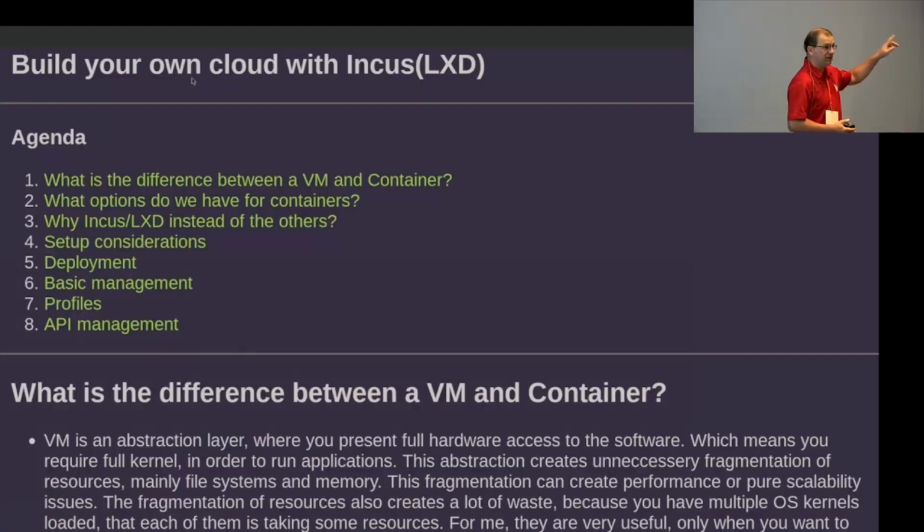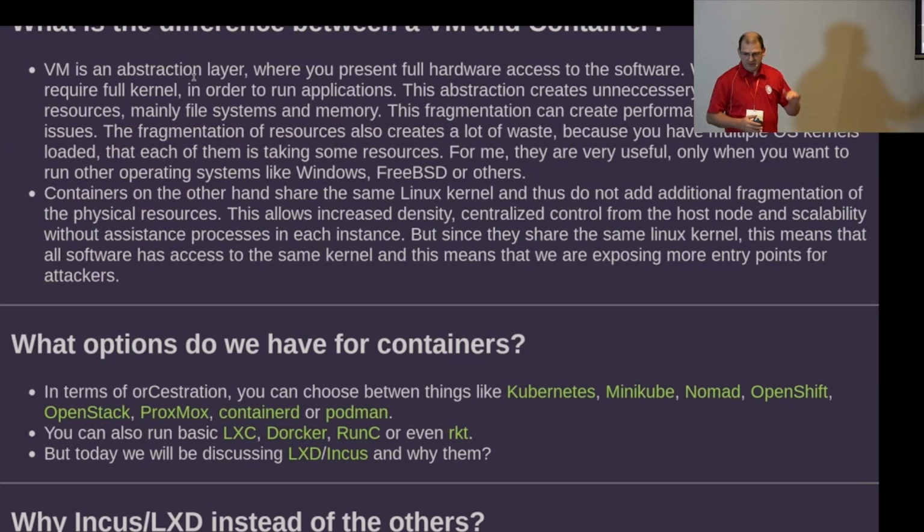Okay. What options do we have for containers? Again, this is an HTML page that will live on later, so I'll skip through some of the text and just explain a few things. I have linked directly other options that you can use instead of LXD. You can run Kubernetes. You can decide that on your machine or your server at home you would run MicroK8s, not the full Kubernetes, because it's too much of a hassle to deal with. Then you can say, okay, I'll go with HashiCorp Nomad because it's significantly easier than the rest of the things on this line.